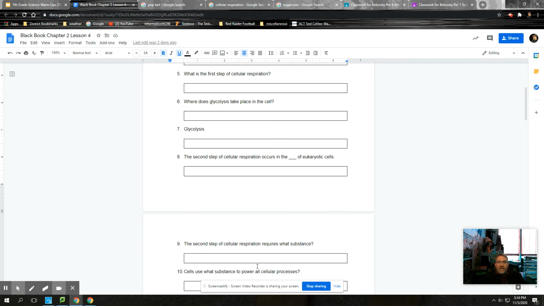So tonight, you need to put the definitions into this review sheet that you're looking at right here. Tomorrow, you need to do two things. If you're a virtual student, you need to take the organelle test and fill out the rest of this review sheet and turn it in tomorrow.